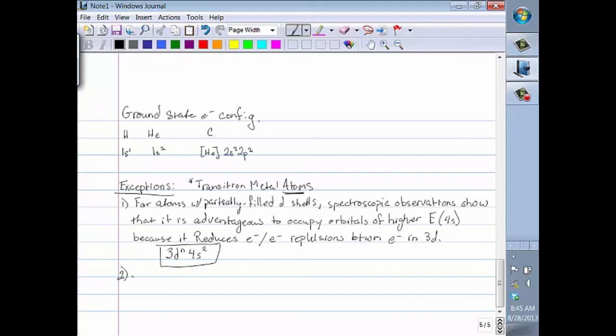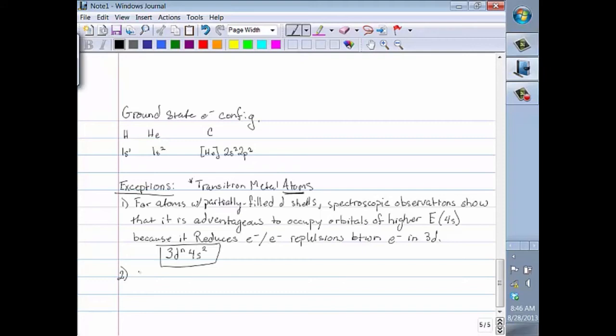The second exception is for half-filled or fully filled d shells. For half-filled or fully filled d subshells, there's a special energy benefit, and it's due to something called spin correlation.